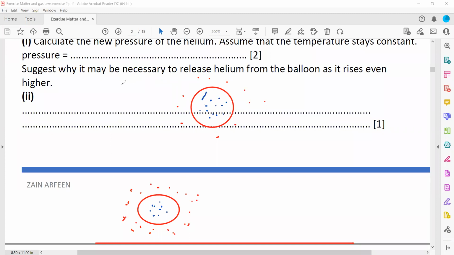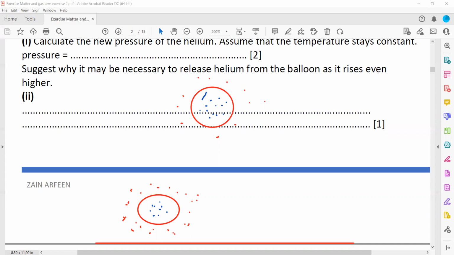So what might happen? This balloon might burst. So the reason why we should remove some of the helium from the balloon is that it will prevent the balloon from bursting, or it will reduce the pressure inside the balloon, because otherwise if the pressure inside the balloon is higher than outside, then this balloon will burst.